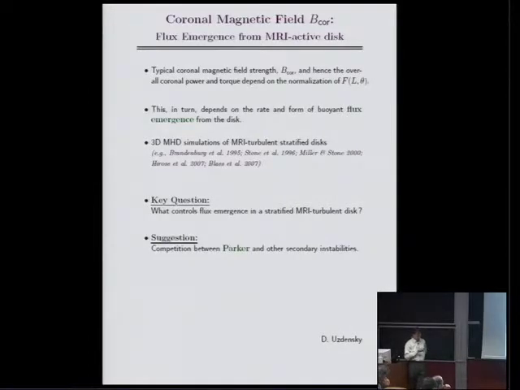And I think we can start out by thinking about this problem as a balance, or really a competition, between different processes that result in disruption of channel flows in the following way.